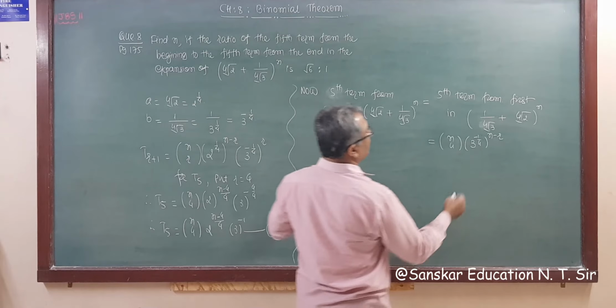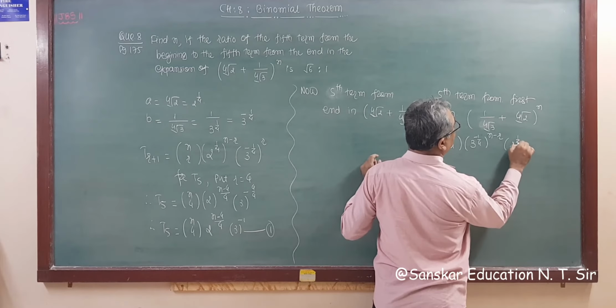And B is 2 raised to 1 upon 4, raised to n minus r. r is 4, so this is raised to 4, right? So what we get is equal to nC4, this is 3 raised to, if you multiply by minus 1 upon 4, minus becomes plus and plus becomes minus. So this is (4 minus n) divided by 4 and this is 2, right? So this is number 2, right?